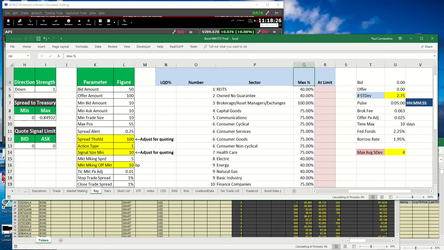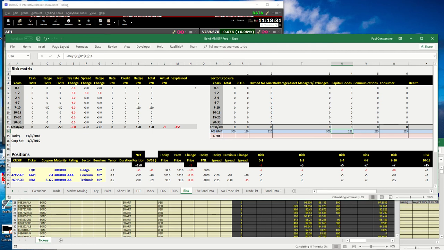These allocations are then interfaced with the risk model, where the risk model states you have X amount of capital, you can trade X amount in these sectors, in these names, et cetera, with the ability to be as granular as shutting off an issuer name to shutting off an individual CUSIP.